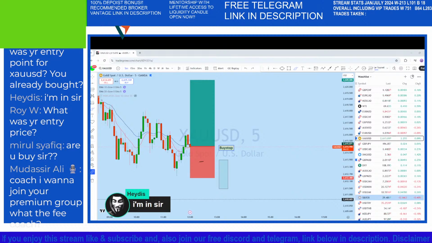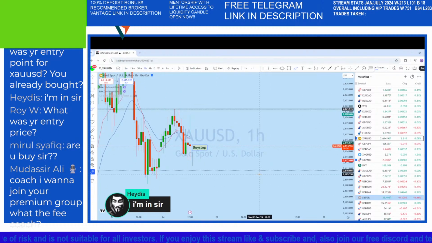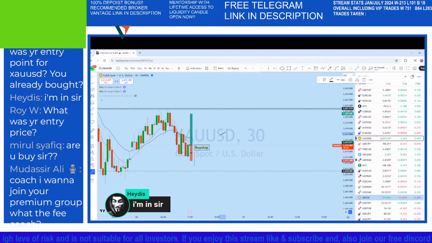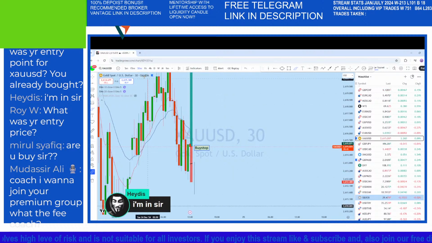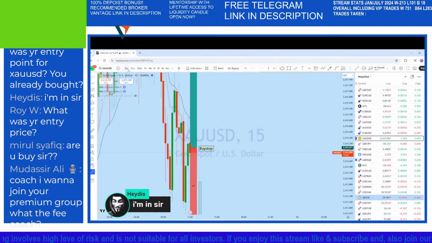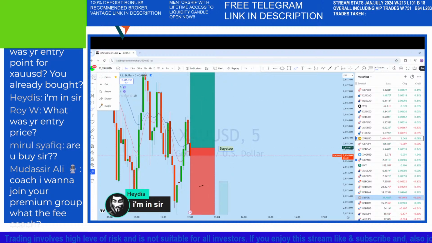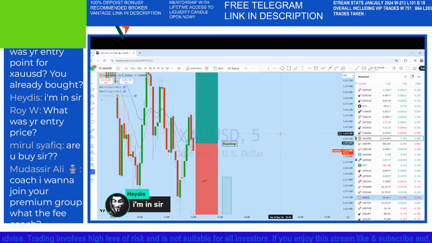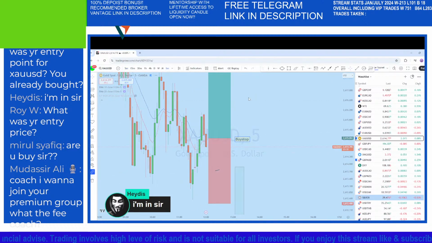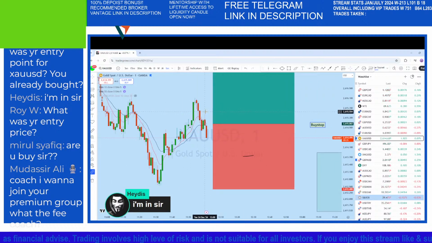Wanting to see that it's bouncing back up again. So you see there is a structure formation.